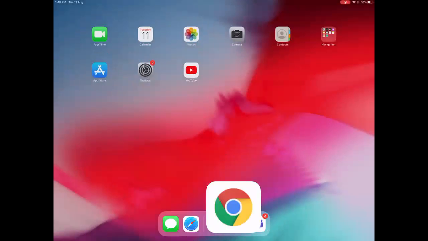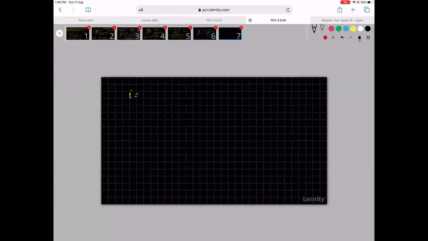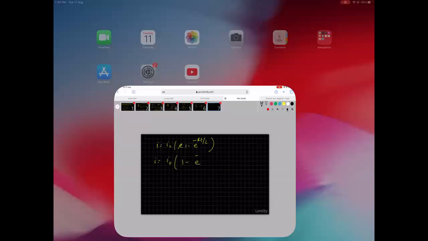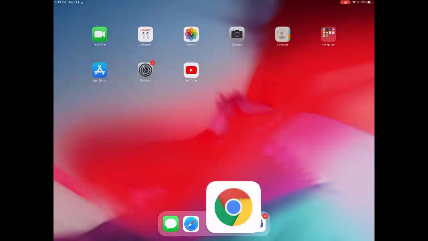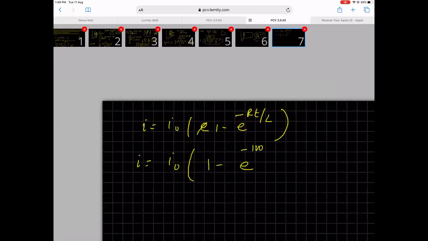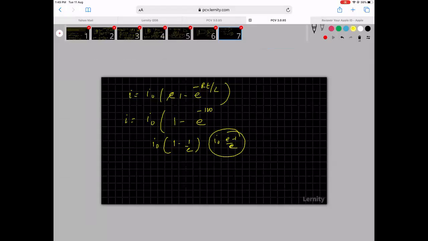So I is equal to I0 into 1 minus e power minus Rt by L. I just substitute the values. R is given as 100, L is given as millihenry, time is given as millisecond. So it will become e power minus 1. So I0 into 1 minus 1 by e, so I0 into (e minus 1) by e. So that is the answer.